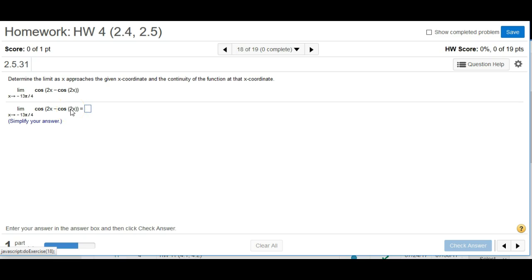So you can think about that angle, right? That minus 13 pi over 2, if you're going backwards from the positive x-axis to get a negative angle, if you go all the way around, you're going to get minus 2 pi. If you keep going around, you're going to get minus 4 pi, which is 8 pi over 2.